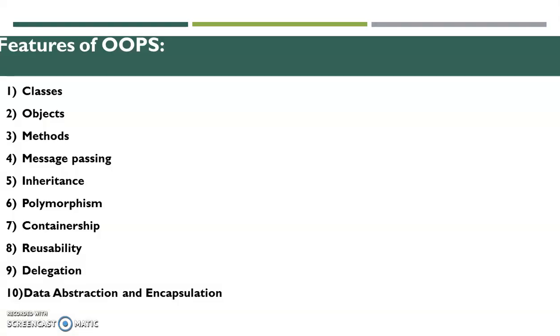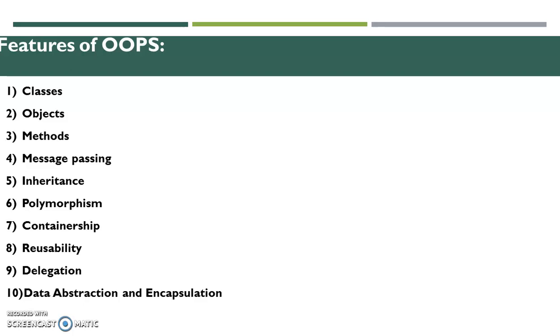Here on the screen you can see a few features which include classes, objects, method, message passing, inheritance, polymorphism, containership, reusability, delegation, data abstraction and encapsulation. Out of which classes and objects are the basic building blocks of object-oriented programming, and these two features are our more important concern for this lecture.